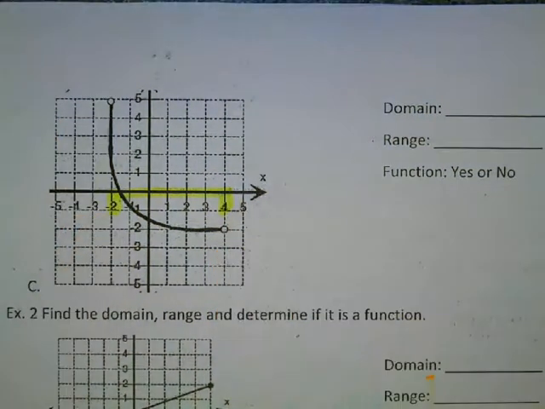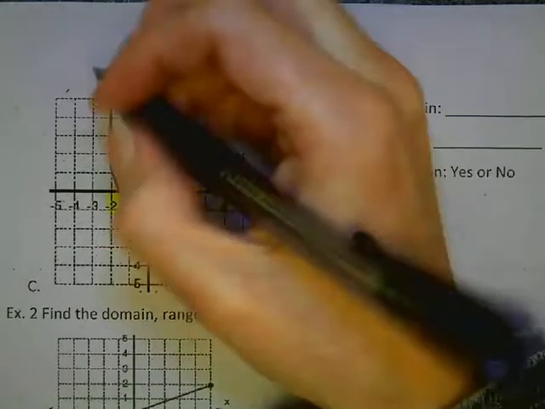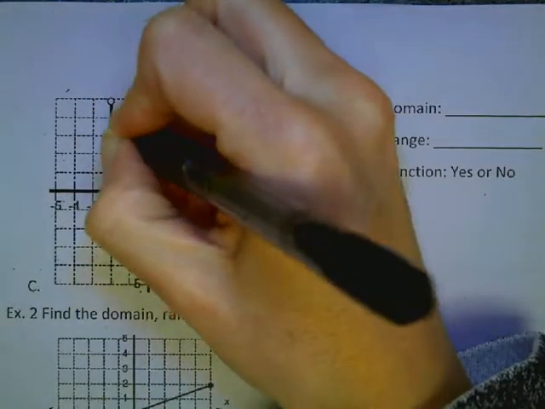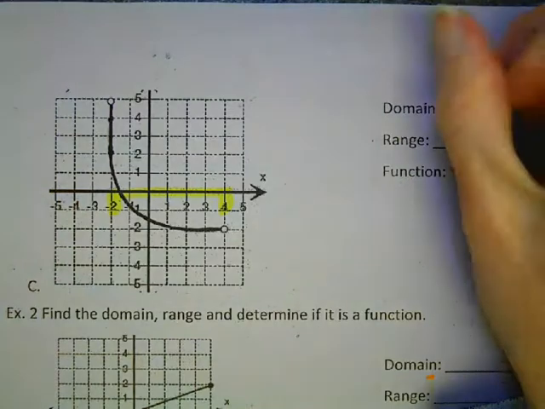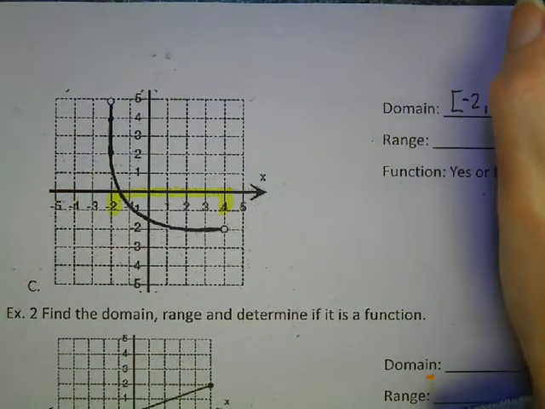So let's think about it. At -2, we have an open circle. Technically, it's on the line. So, since these are all points at -2, those would be solid points. So I'm going to say it's a bracket at -2 to a parenthesis at 4.